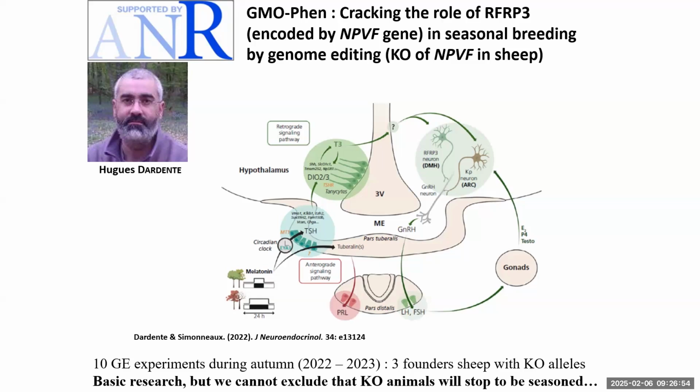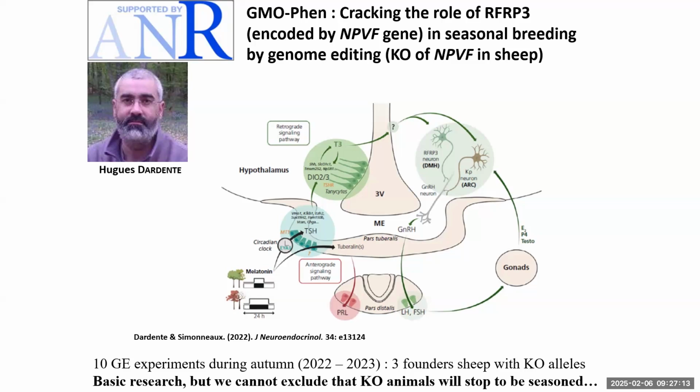This peptide is encoded by the NPVF gene. There is no functional study on this NPVF gene. So the project was to try to knock out this gene and to eliminate the peptide in sheep.